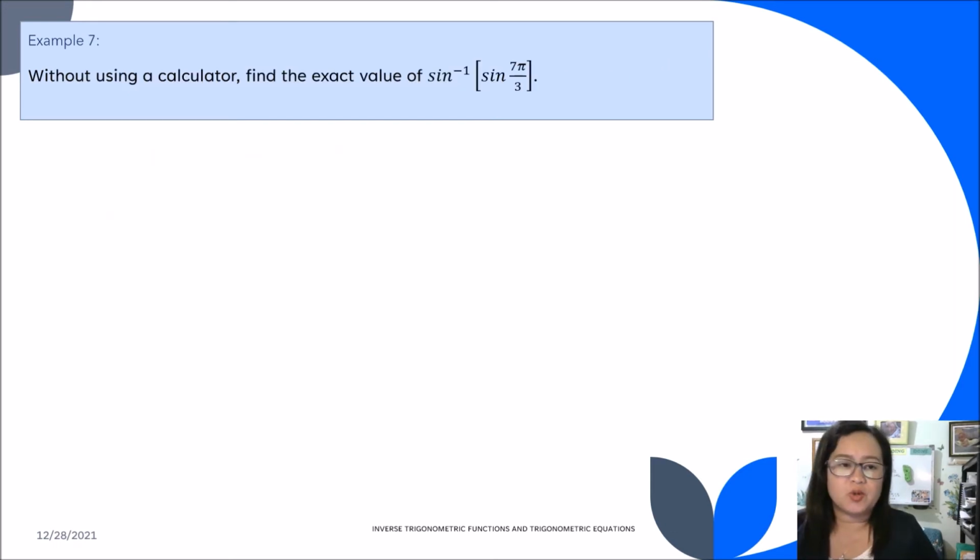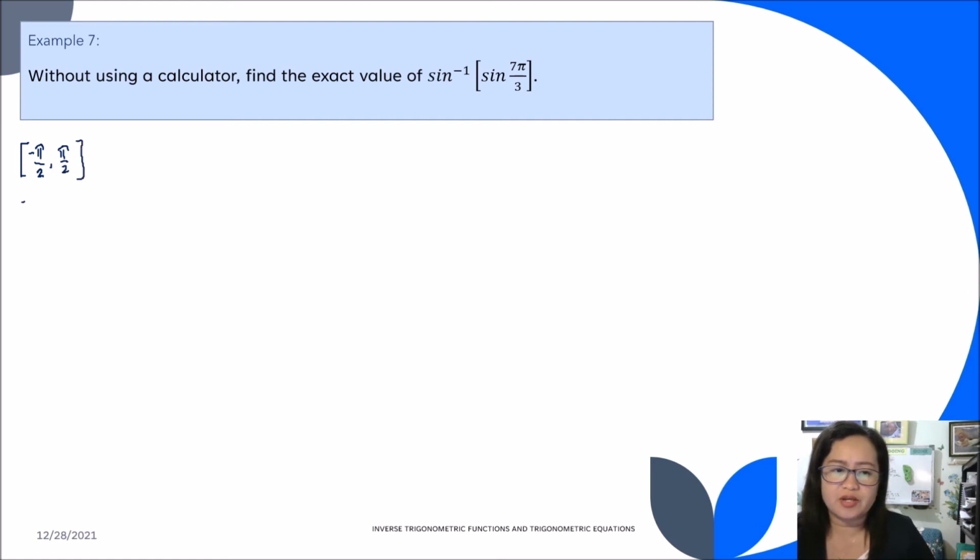Now let's work on example number 7. Without using a calculator, find the exact value of inverse sine of sine 7 pi over 3. Now let's determine whether it's within the given interval. The sine function has the domain -pi over 2 until pi over 2.